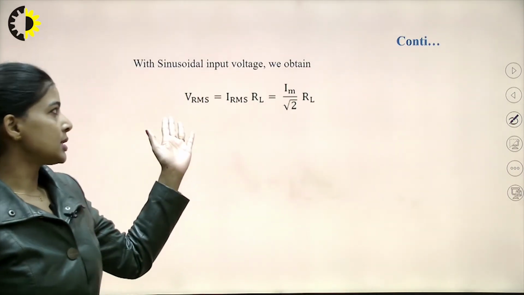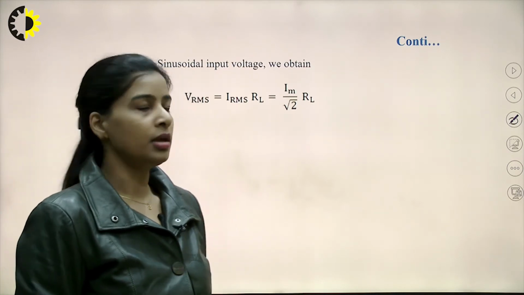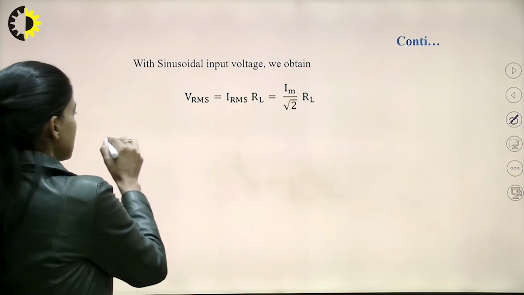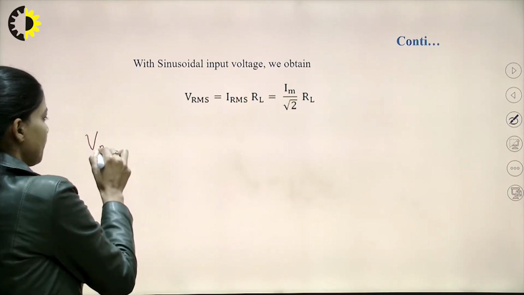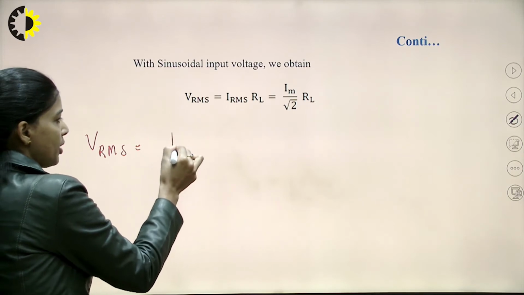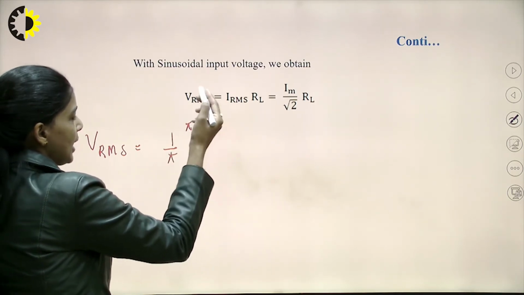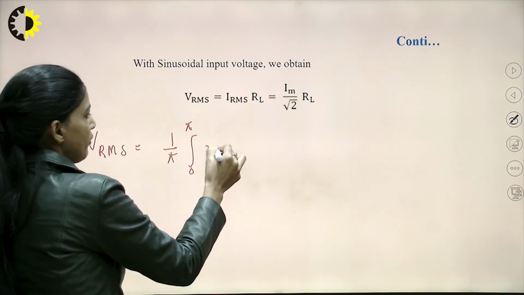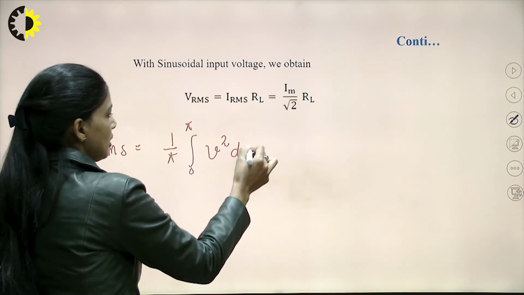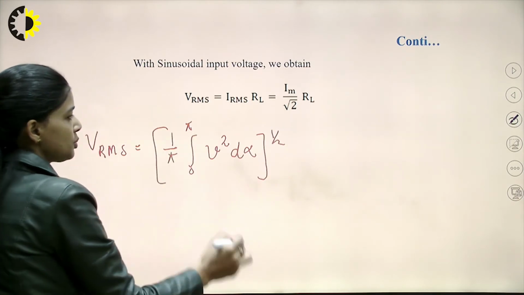So, Vrms, as I told you, we can calculate it by using the equation of voltage, Vrms equal to root of 1 upon pi integral 0 to pi, and as it is root mean square, we will take the square of voltage and the root of this complete expression.